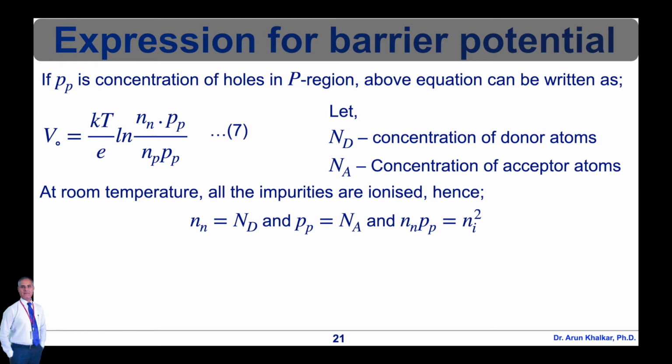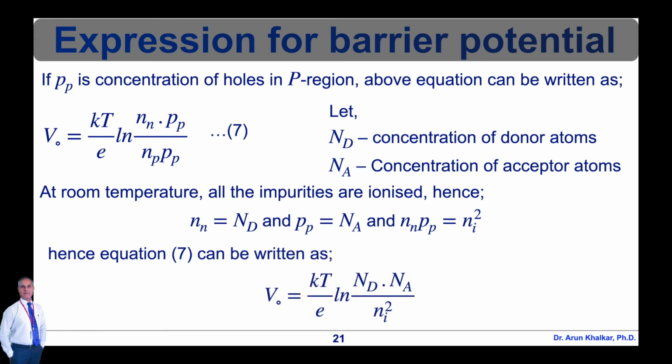I stands for intrinsic. Hence equation number 7 can be written as capital V naught is equal to kT upon e ln of Nd into Na upon ni square. Let's say this is equation number 8.